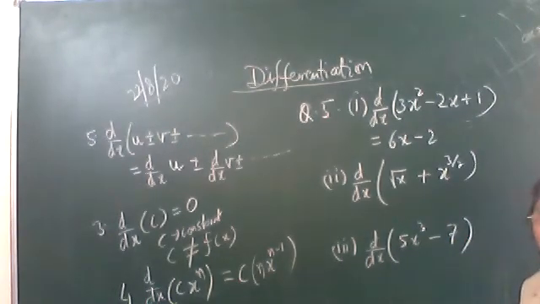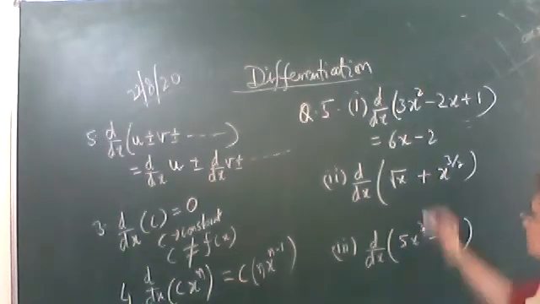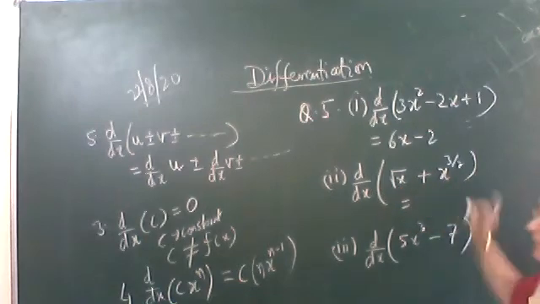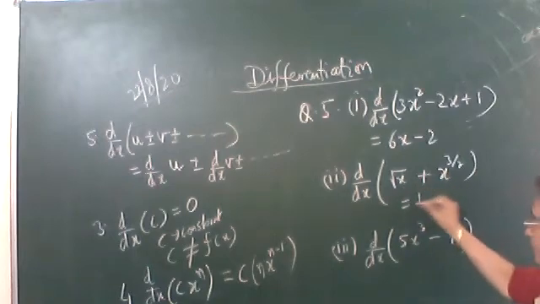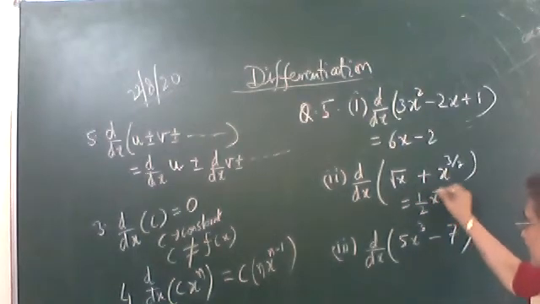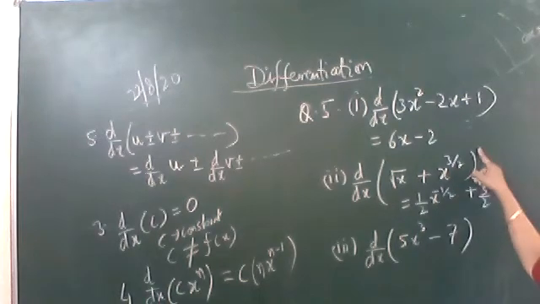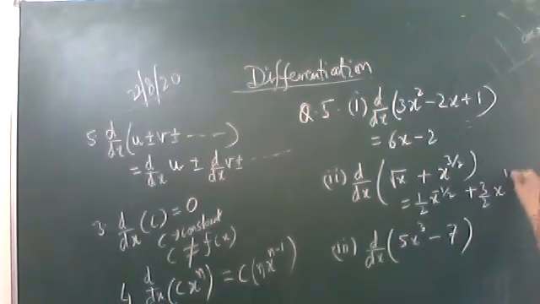D by dx of root x plus x raised to the power 3 by 2. Now d by dx of root x plus d by dx of x raised to the power 3 by 2. And we know that d by dx of root x is half x raised to the power minus half. Plus d by dx of x raised to the power 3 by 2 is 3 by 2 x raised to the power 3 by 2 minus 1. 3 by 2 minus 1 is half.